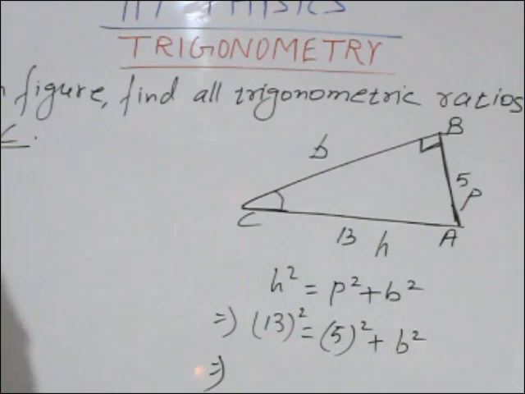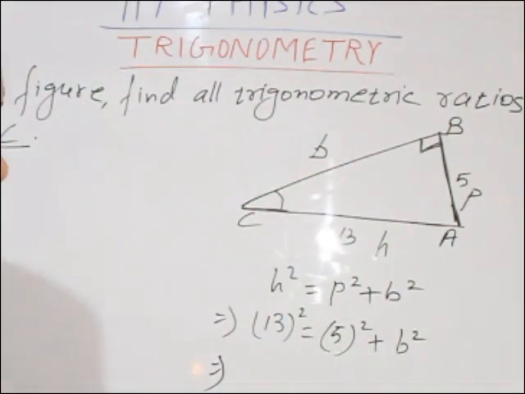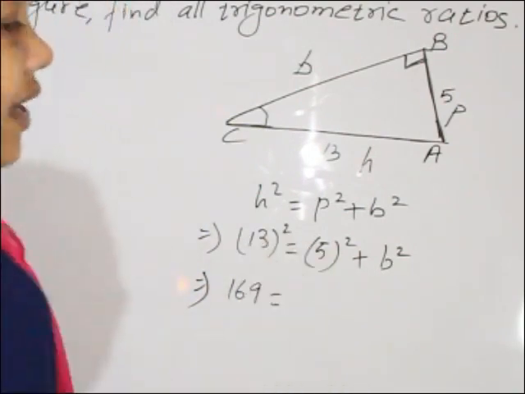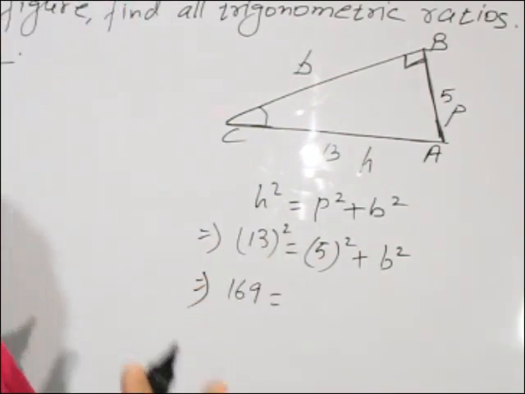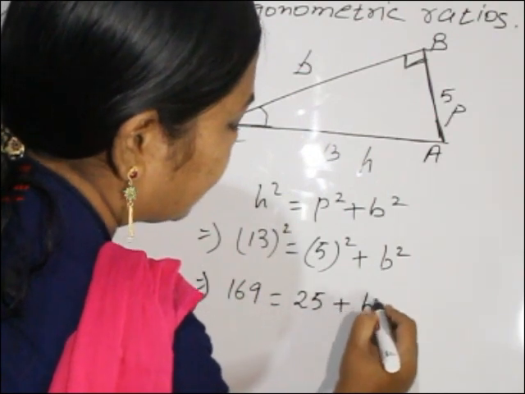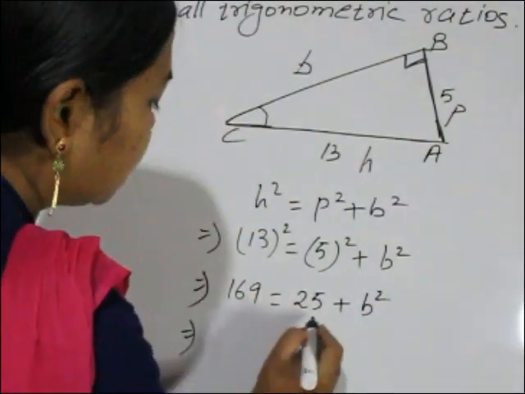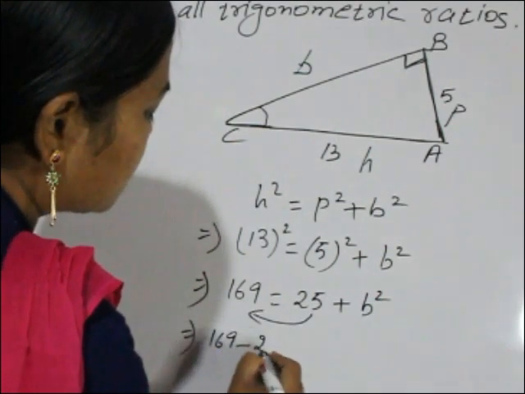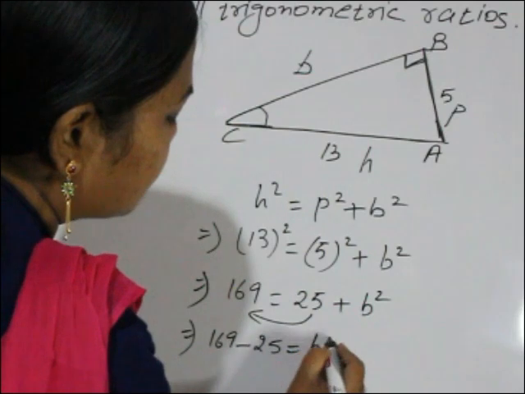13 square means 13 into 13, which is 169. 5 square means 5 into 5, 25, plus B square. Now 25 we send to this side. 169 minus 25 equals B square.